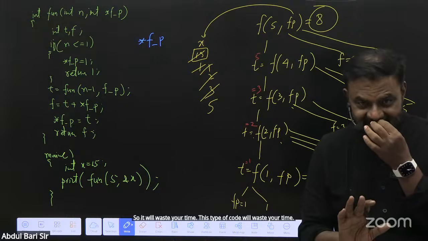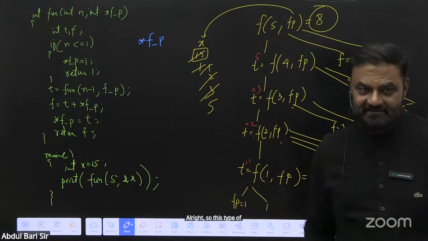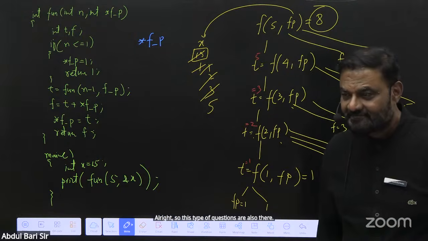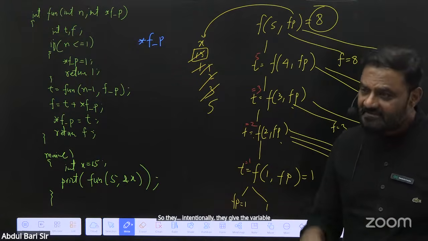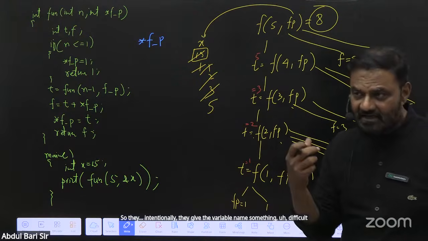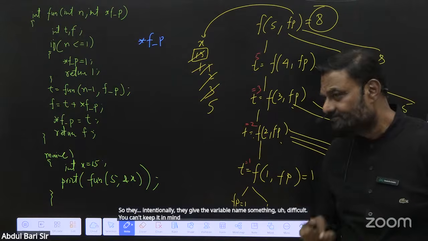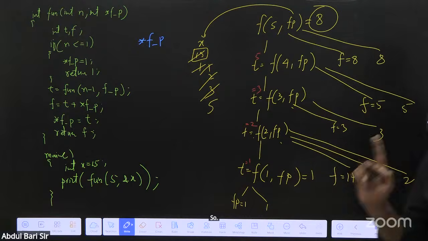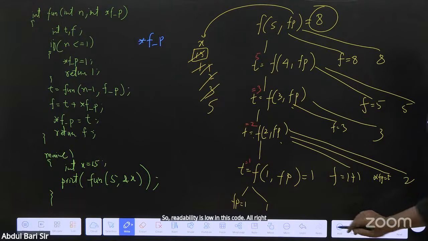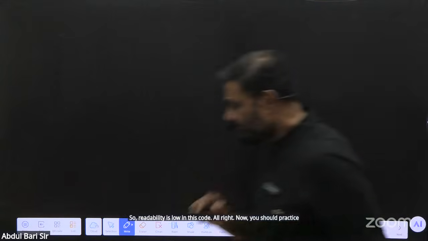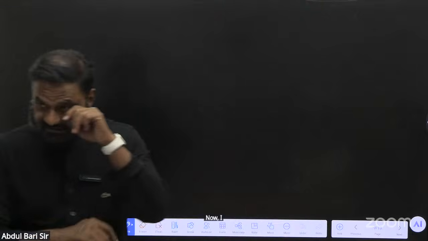All right. So this type of questions are also there. So they intentionally give the variable name something difficult. You can't keep it in mind or read it properly. So readability is low in this code. All right. Now you should practice this one. I was not expecting an answer from this one.